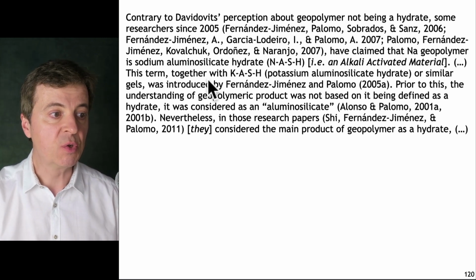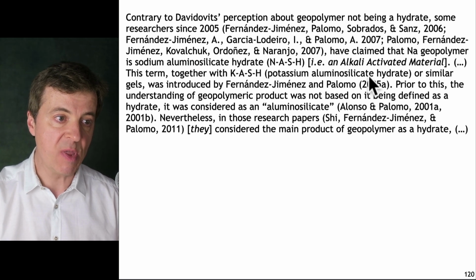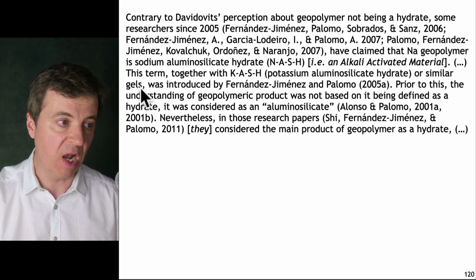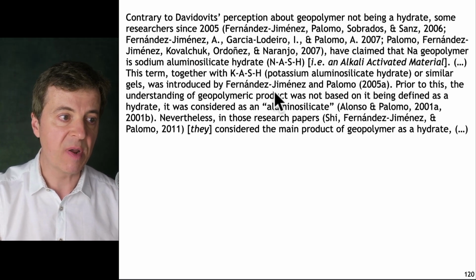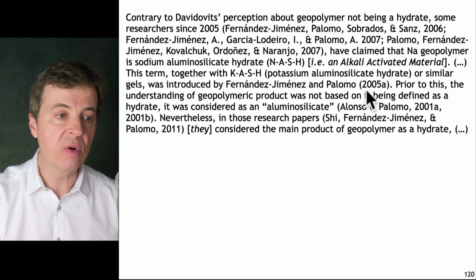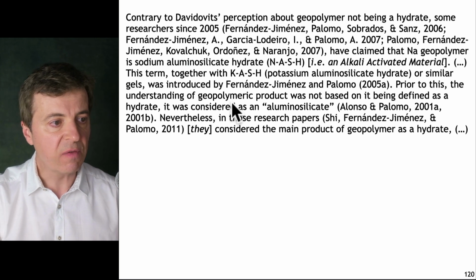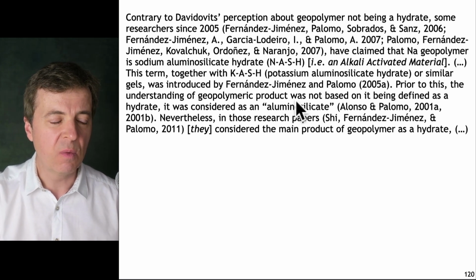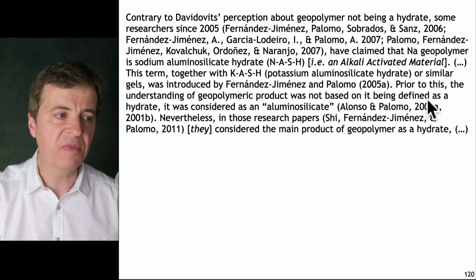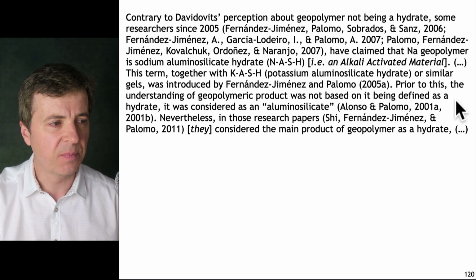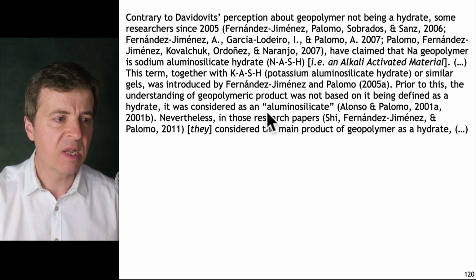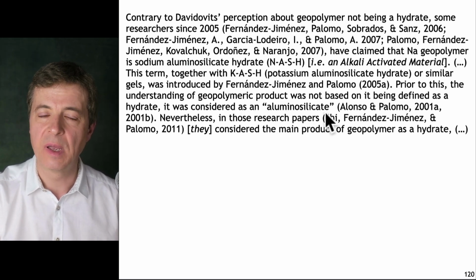This term, together with KASH, potassium aluminosilicate hydrate, or similar gels, was introduced by Fernandez Jimenez and Palomo in 2005. Prior to this, the understanding of geopolymeric product was not based on it being defined as a hydrate. It was considered as an aluminosilicate, as a polymer.